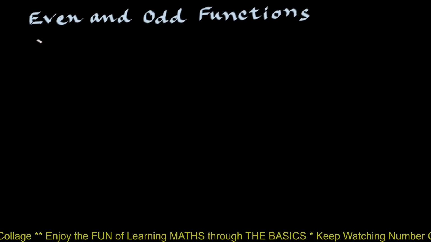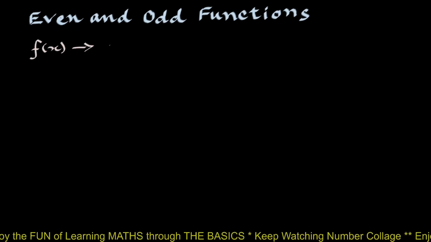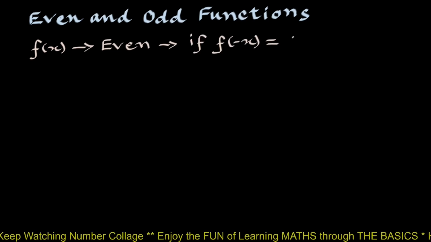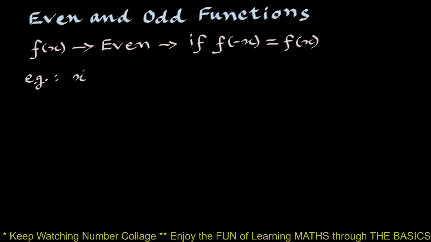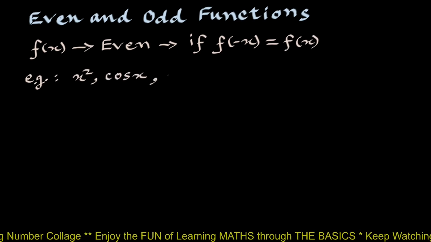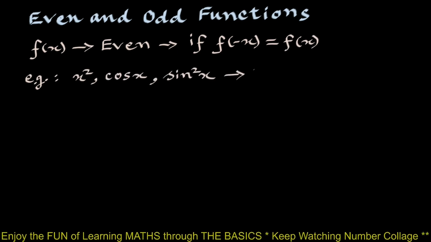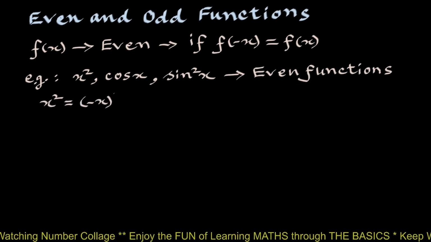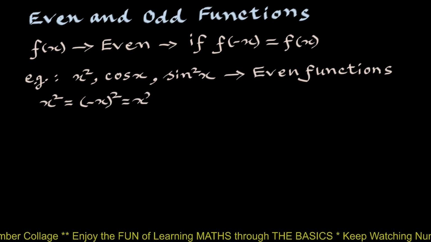A function f of x is said to be even function if f of minus x equals f of x. For example, x square, cos x, sin square x are even functions because x square is same as minus x square, which is x square.